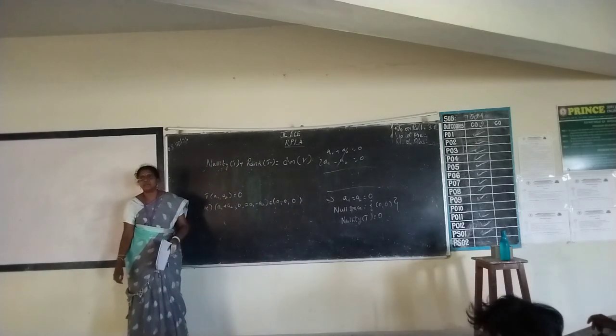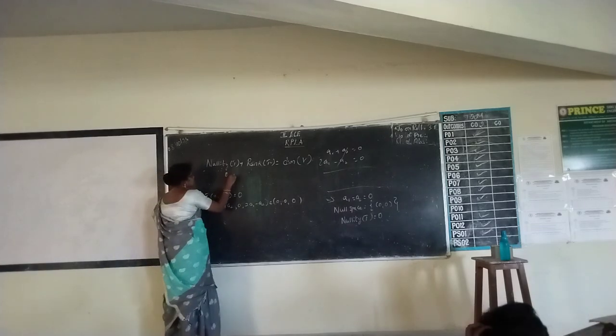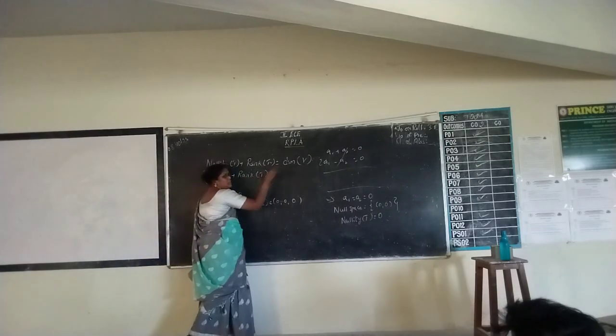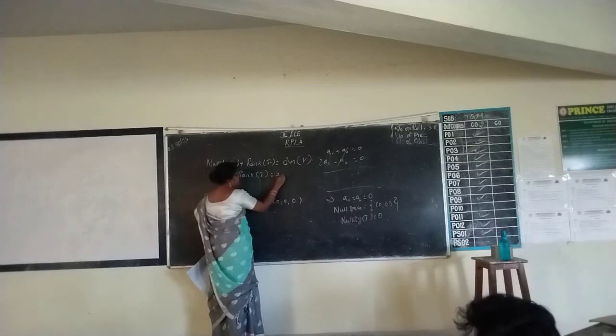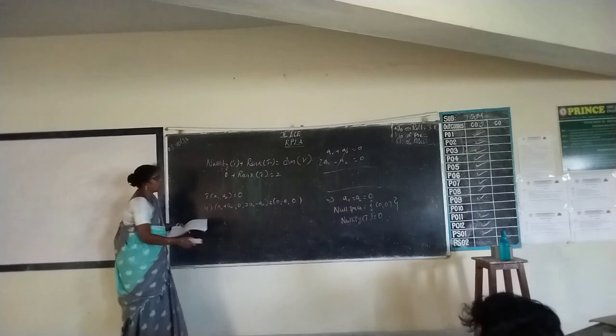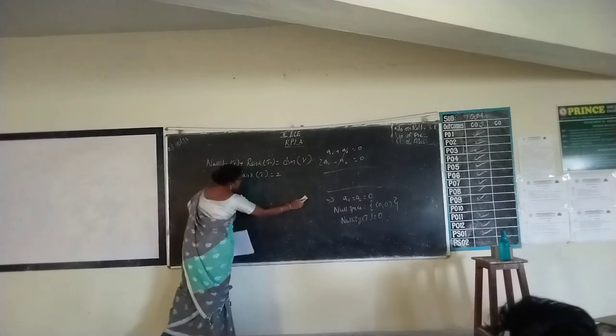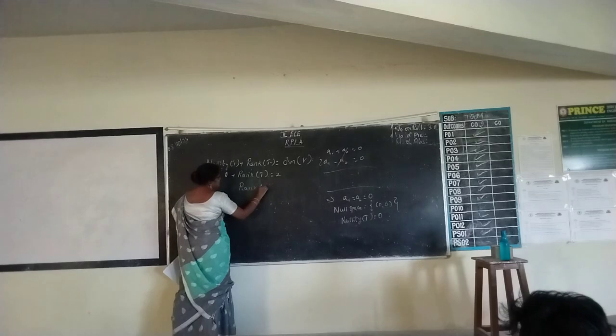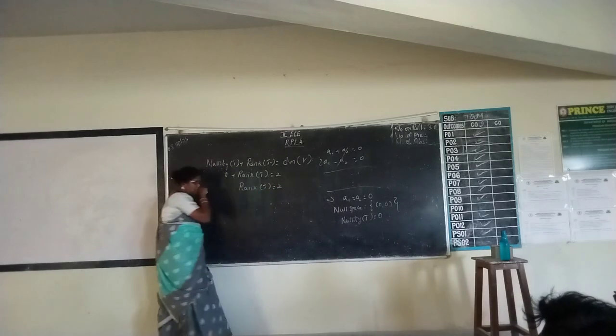What is nullity? 0. Plus rank of T is equal to, what is dimension of B? B is our R square. So what is rank of T? 2. Rank of T is equal to 2.